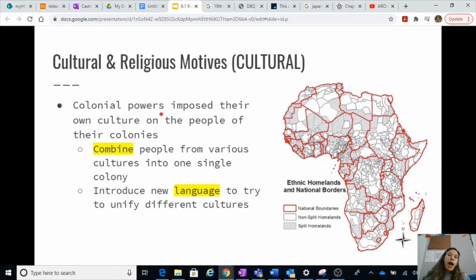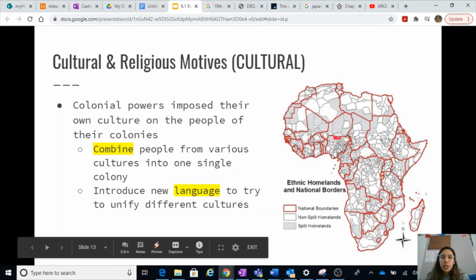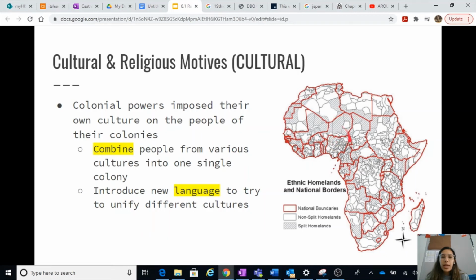Colonial powers are going to impose their own culture on the people of their colonies. A lot of times they're going to combine people from various cultures into one colony. We can see that based on all of these tribal divisions in Africa. The red lines represent the colonies that Europeans established.